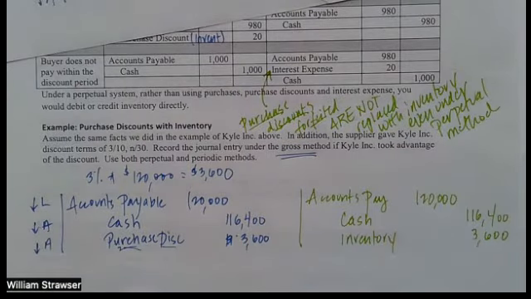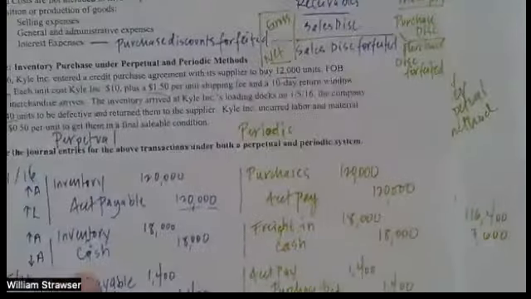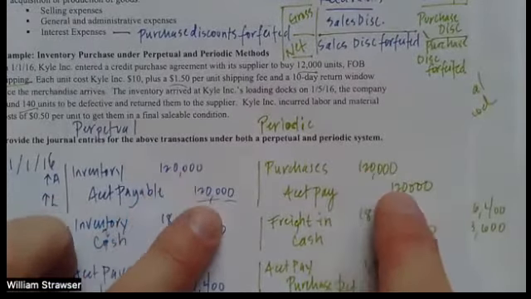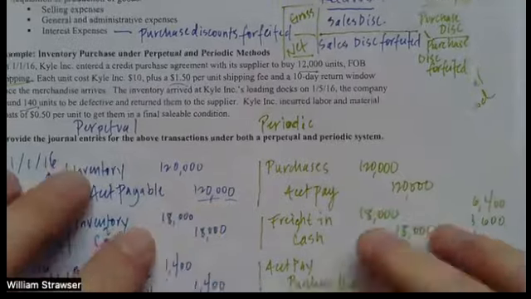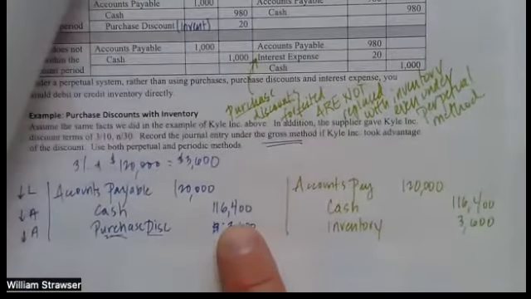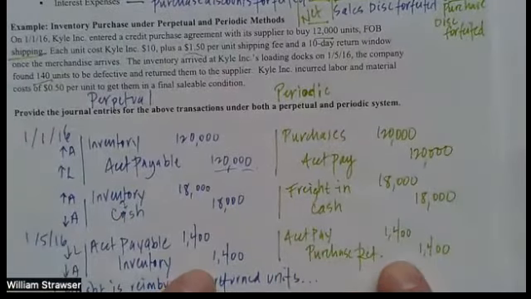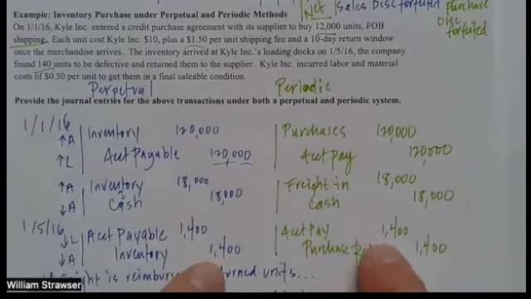If they had used the net method, we'd have to make a couple of alterations. We'd have to alter some of the original facts here, right? Under the net method, I would record this not at 120, but at 116,400. Even the return would be recorded at the net of discount price.